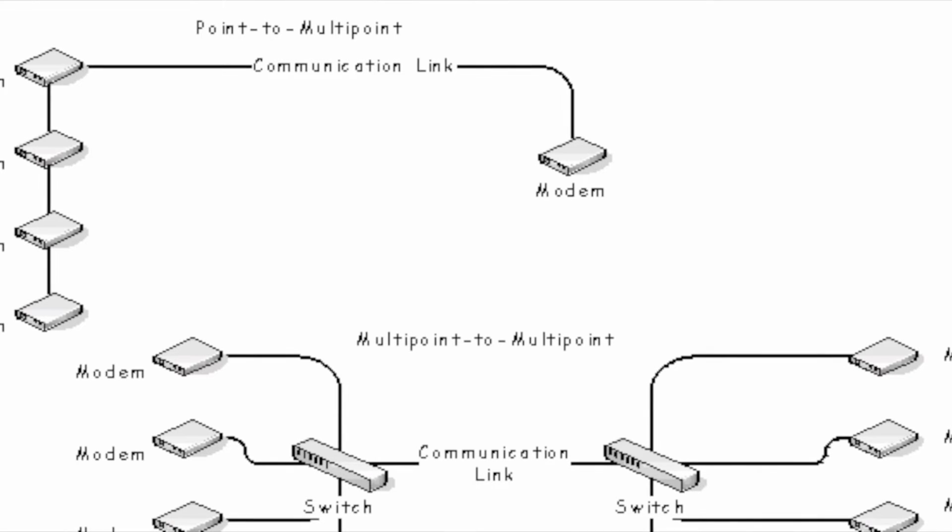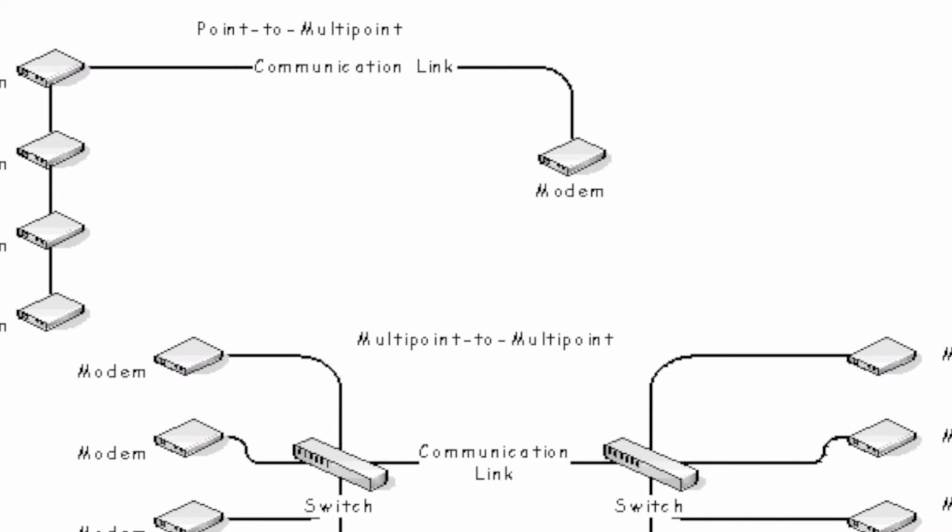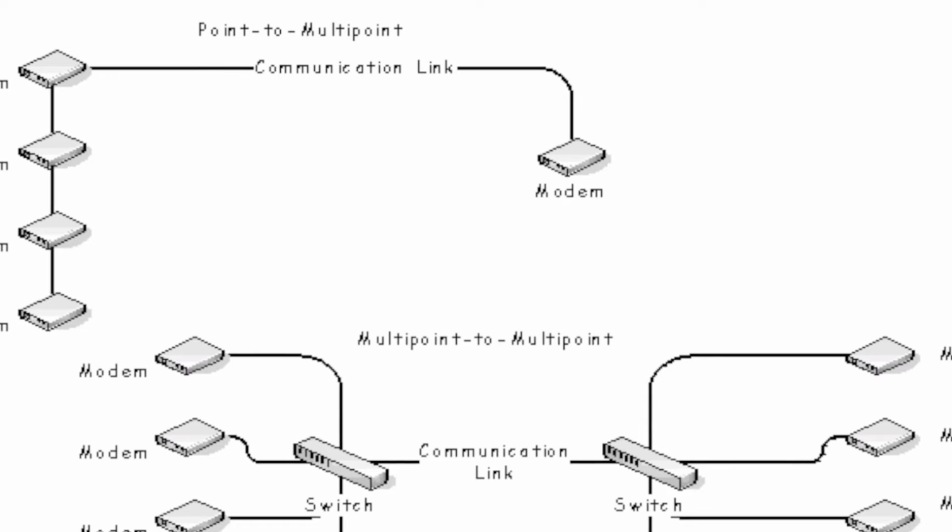Thus, multi-point circuits typically are used when each computer does not need to continuously use the entire capacity of the circuit or when building point-to-point circuits is too expensive. Wireless circuits are almost always multi-point circuits because multiple computers use the same radio frequencies and must take turns transmitting.